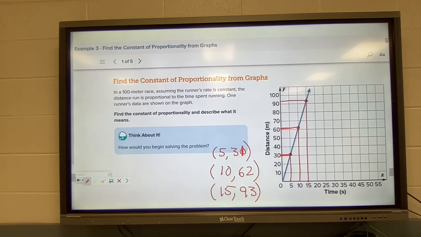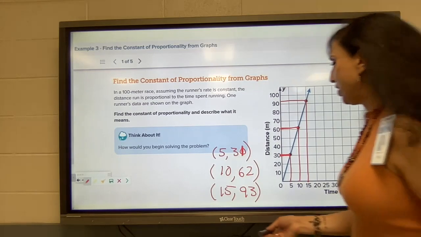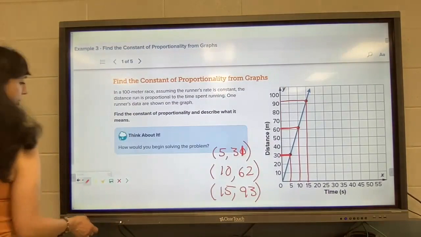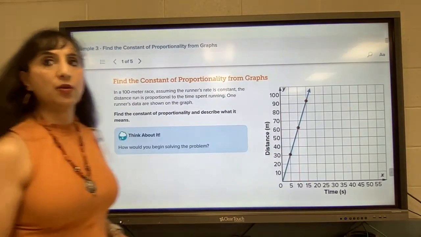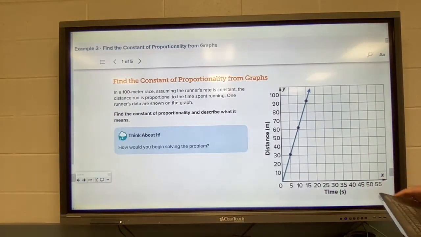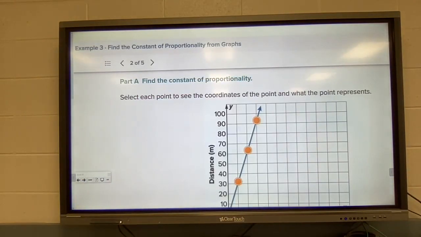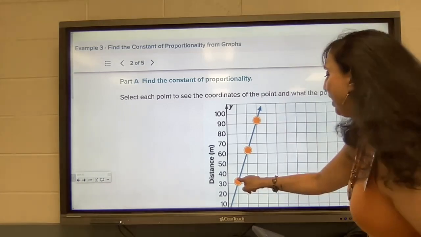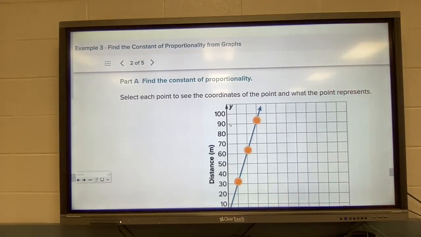Then I'm going to look at whether I get exactly the same unit rate for all of them. I just want to show that to you. See, it was a little bit higher, so this is more accurate.